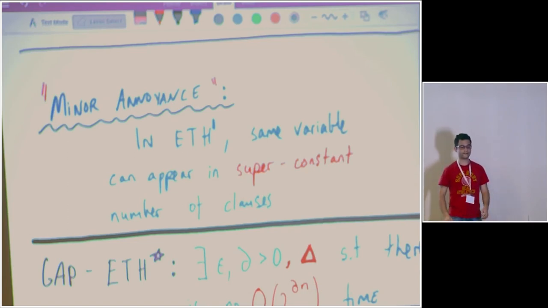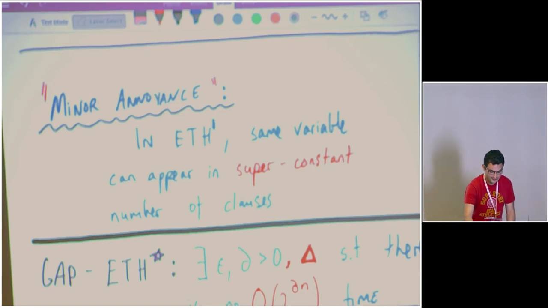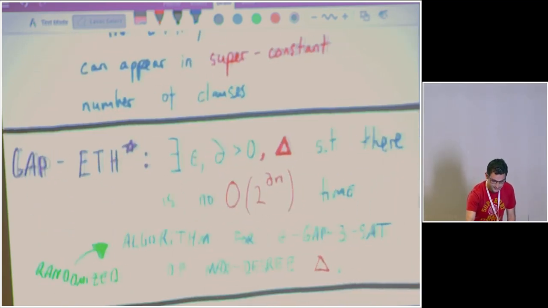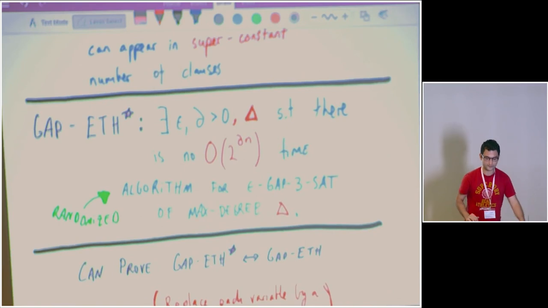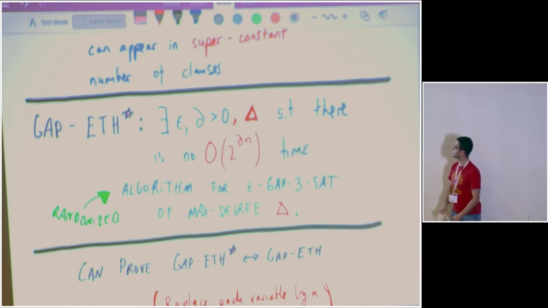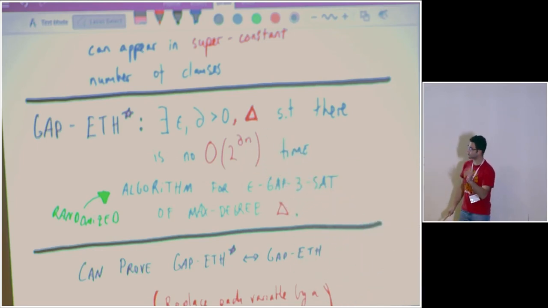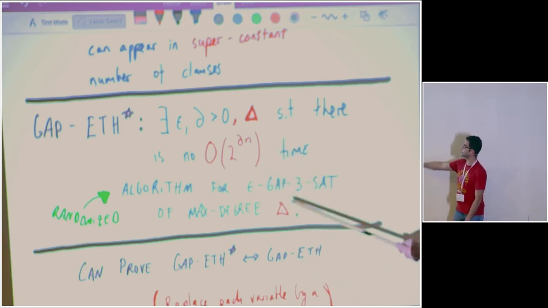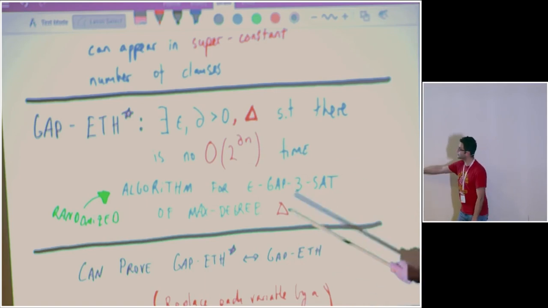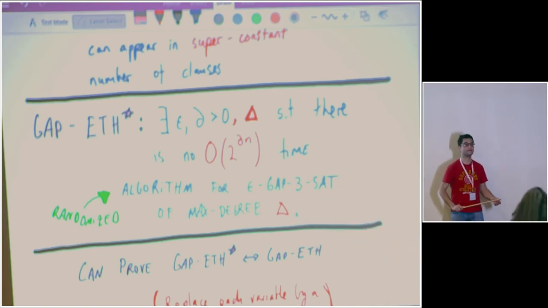However, this is in fact just a minor annoyance. Let's formulate gap ETH star, which is another equivalent variant of gap ETH. And this is that there exists an epsilon and a delta, and a maximum degree, big delta, so that there is no 2 to the little delta n, so no sub-exponential time algorithm for epsilon gap 3 sat where every variable appears in at most big delta number of clauses.